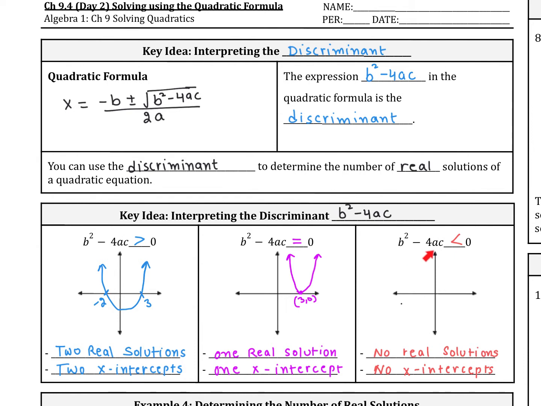It means the value came out as a negative number. Then you can say there is no real solution or no x-intercept. In this case, the parabola is going to look like this, where it never cuts the x-axis at any point, which means there is no x-intercept.